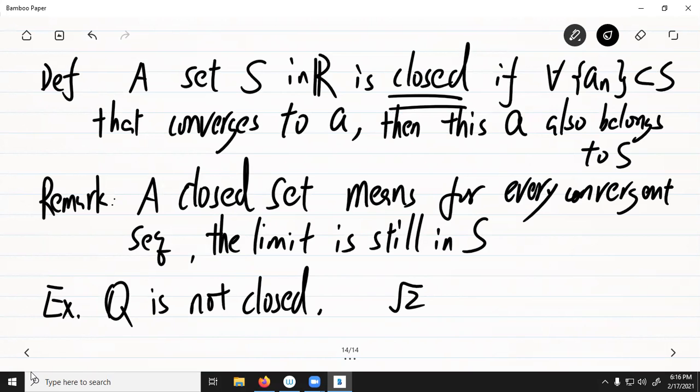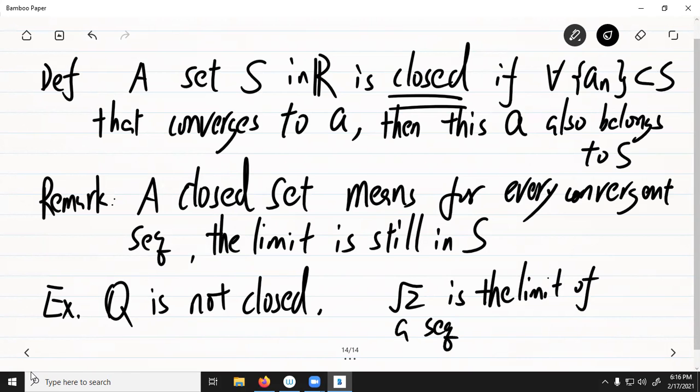You still have a sequence of rational numbers which converges to square root 2, but square root 2 is not in Q. Because square root 2 is the limit of a sequence in Q, but square root 2 is not a rational number.